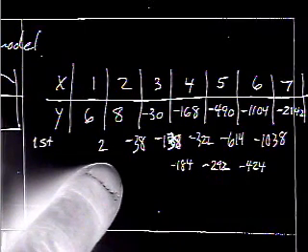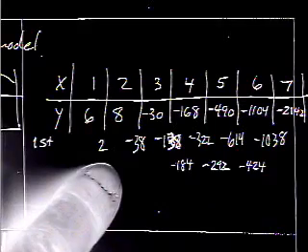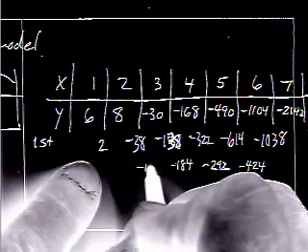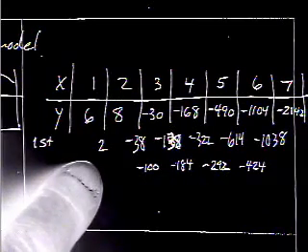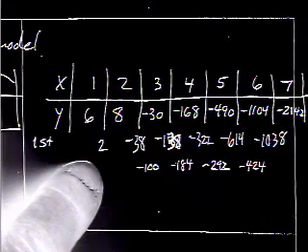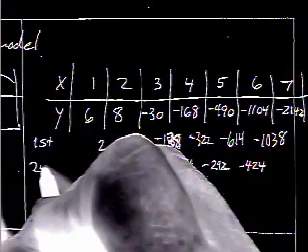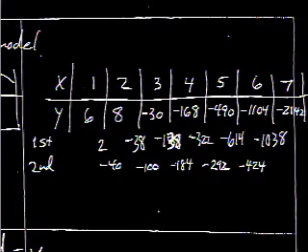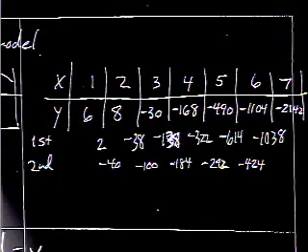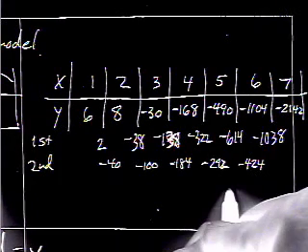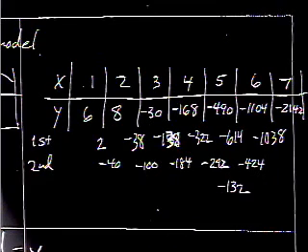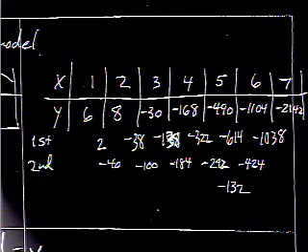Negative 138 minus negative 38 is negative 100. Negative 38 minus 2, negative 40. Clearly on my second pass I did not get the same values. Okay? Negative 424 minus negative 292. I really hope I'm doing all this right, because I don't want to have to do this over again.